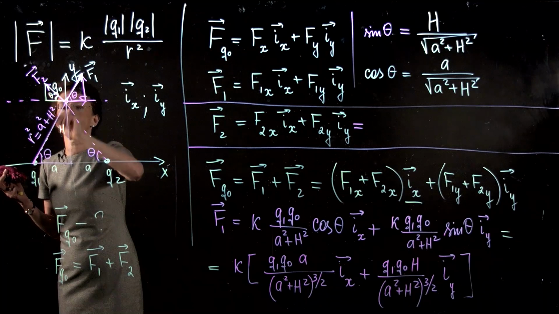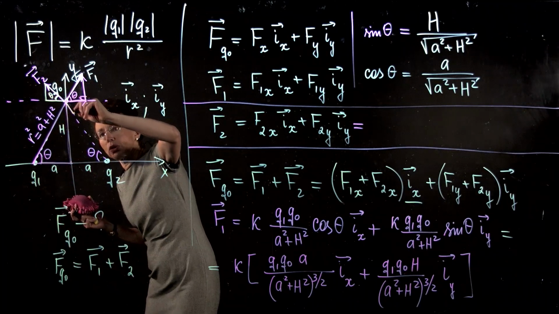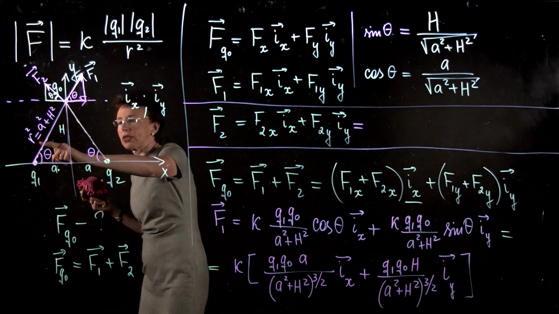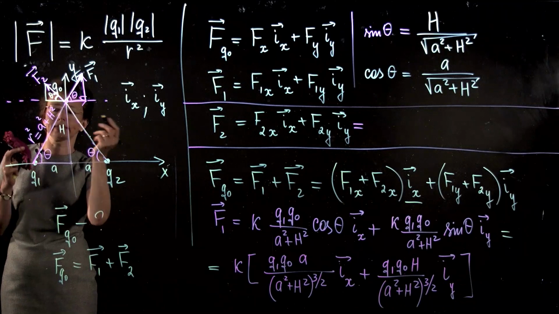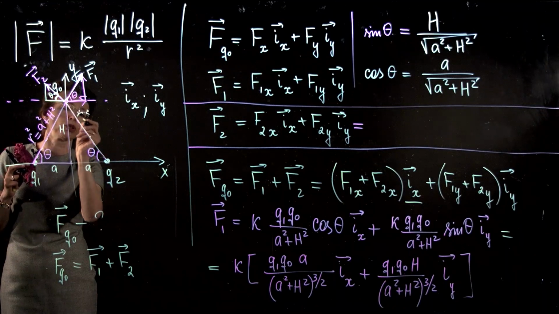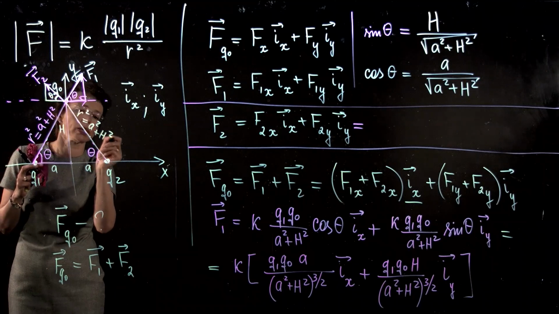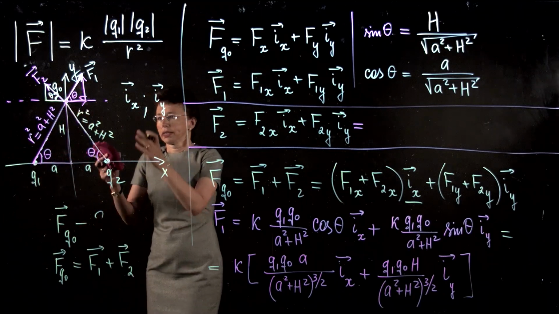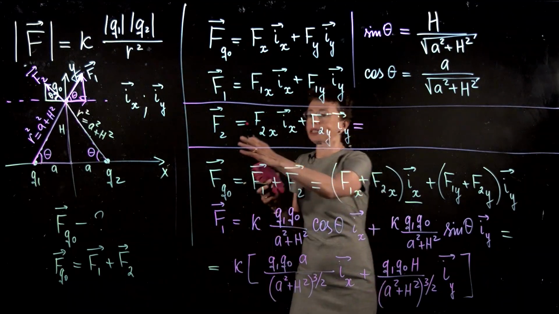So this is also theta. And the distance between these two charges is the same as this r, because this is a, this is a, this is h. So they are equal to each other. This r squared is also a squared plus h squared. Since angles are the same, r is the same, it's easy for us to write F2.